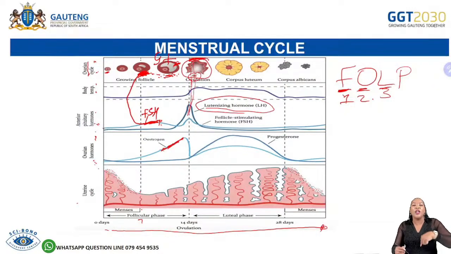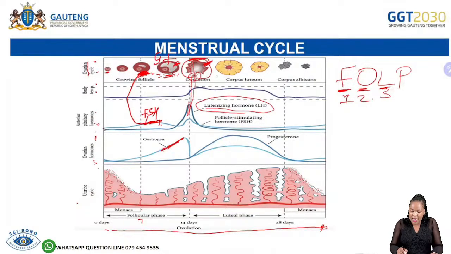It is when the LH is up, right? So when it ruptures and releases an ovum, what is going to happen now? The ovum is released and the level of LH is high.